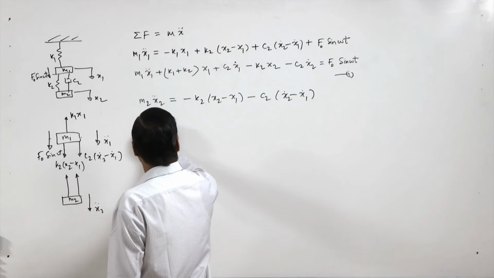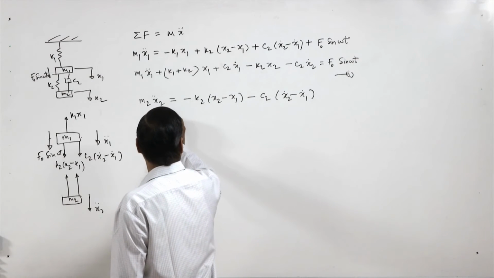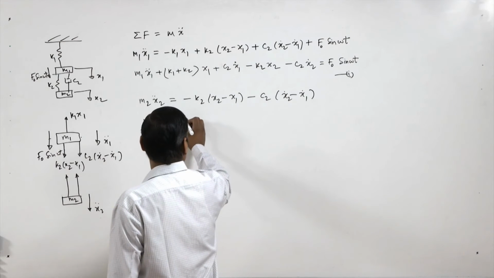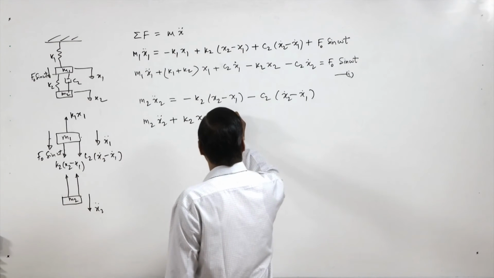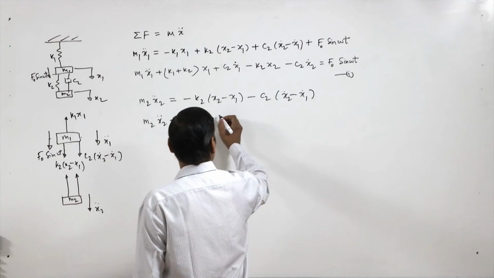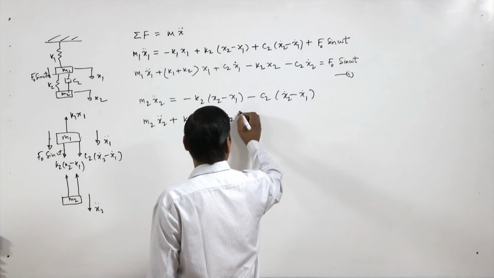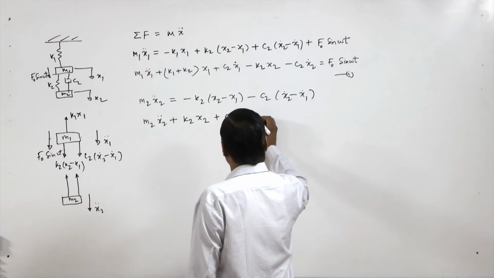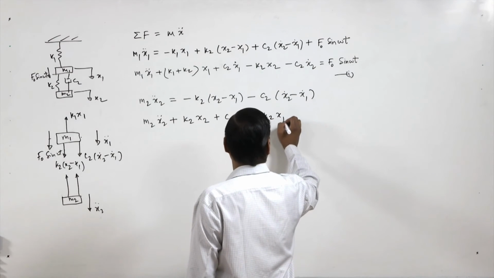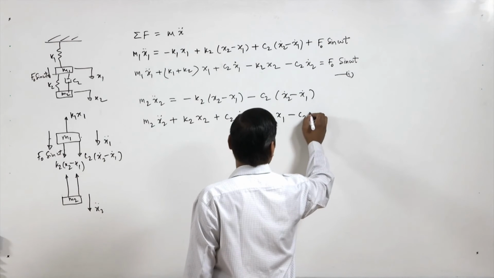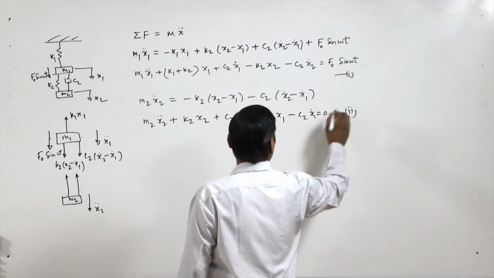So we can adjust these terms. So m2 x2 double dot plus k2 x2 plus c2 x2 dot minus k2 x1 minus c2 x1 dot equal to 0. So this is equation number 2.